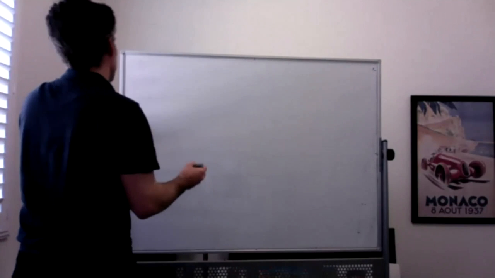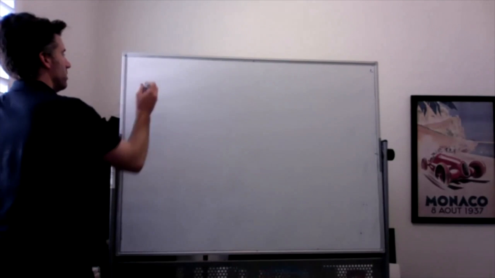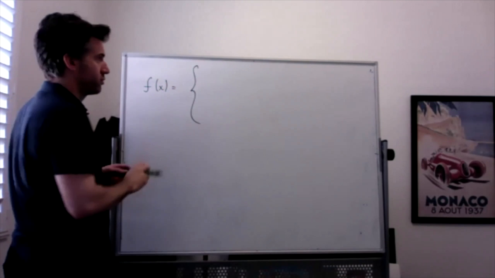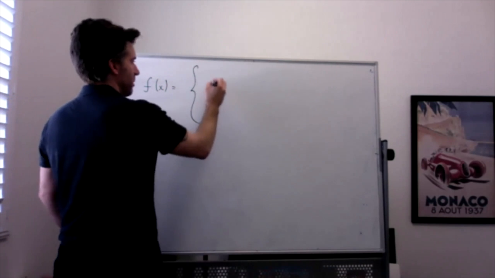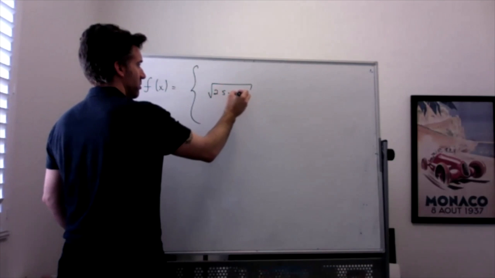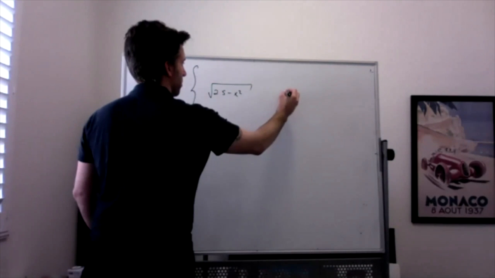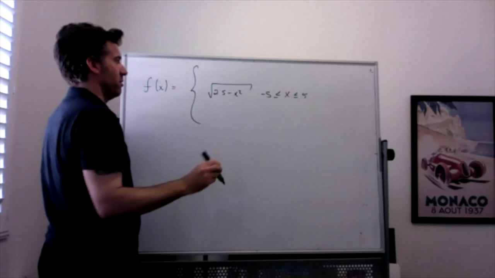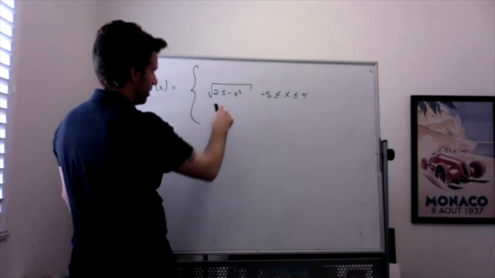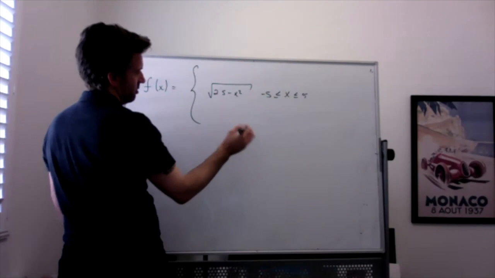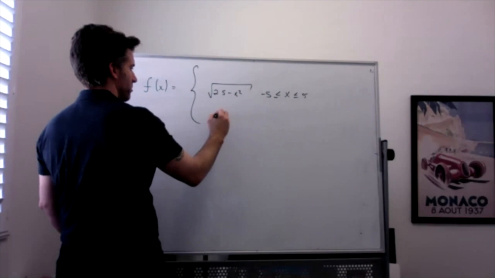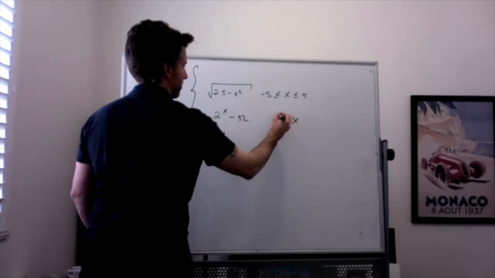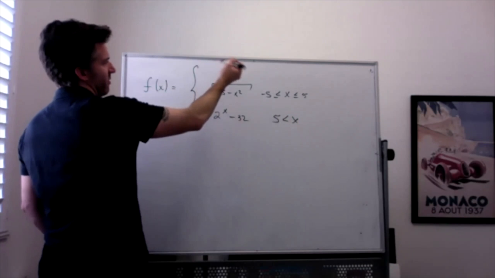So if instead I said my function was some piecewise thing, f of x is equal to, I'm gonna have that same function in the middle. Then after 5, it's gonna be something else, and for -5, it is going to be, I don't know.